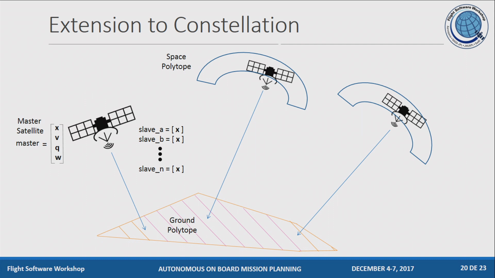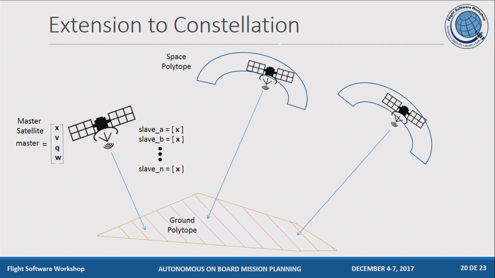The first approach was cooperative satellites between the master and some slave, just as an idealization with some ground polytope. Both of them are working and sometimes cooperative with the mission.